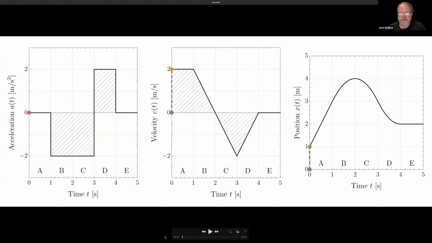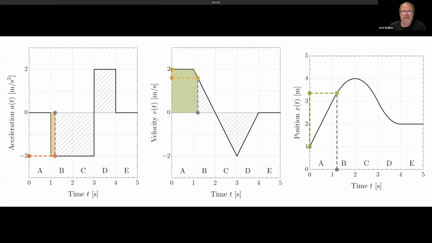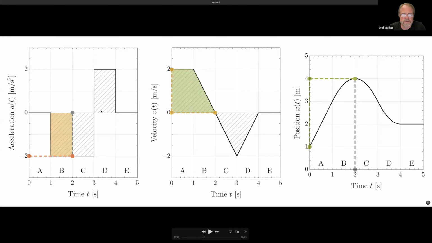Let's go back to time 0 and let's watch the thing play forward again. In the first second, our acceleration stayed fixed at 0. Since our acceleration was 0, the velocity did not change. Now, in segment B, the acceleration drops to -2. We're starting to accumulate area under the curve, negative area in this case, because it's below the 0 line.